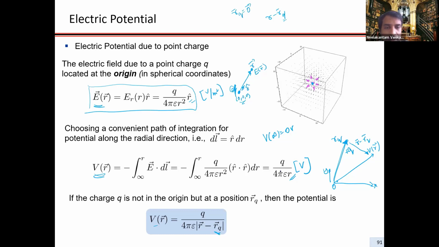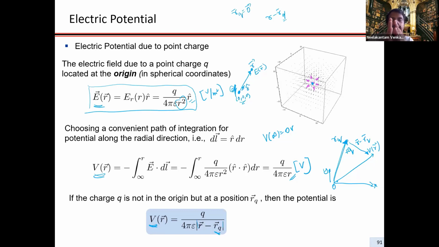Same as that, but instead of the square for potential, it becomes simply the magnitude. There is no more square here. So it's 1 over R dependence for voltage and 1 over R squared dependence for the electric field.